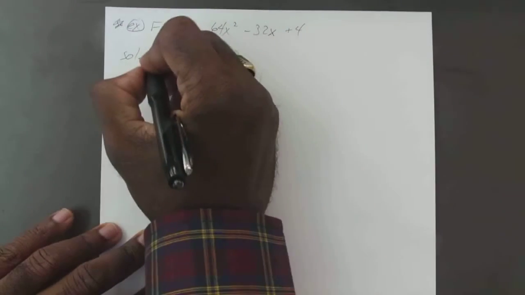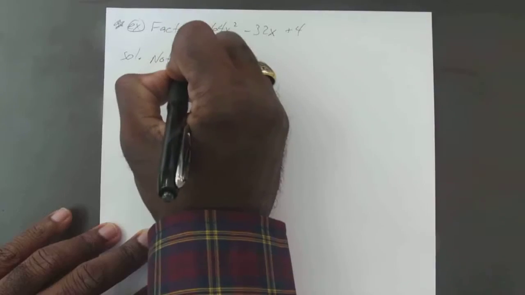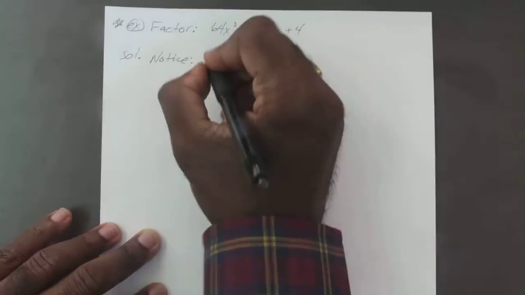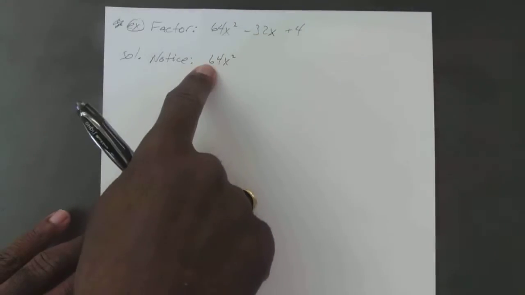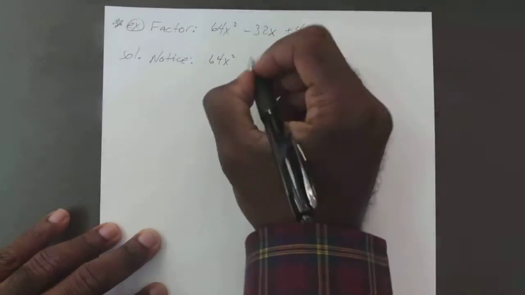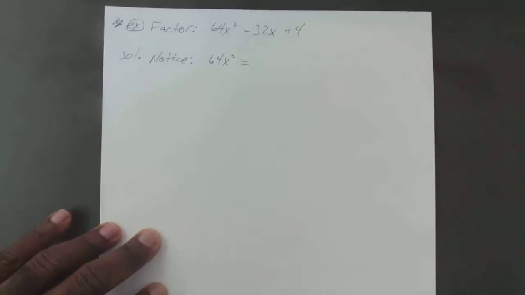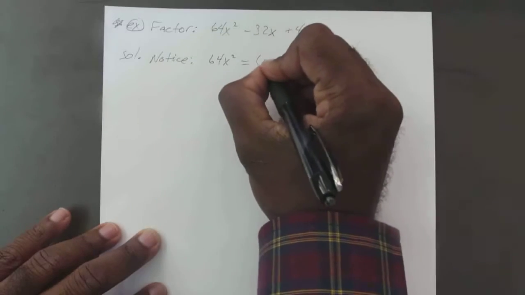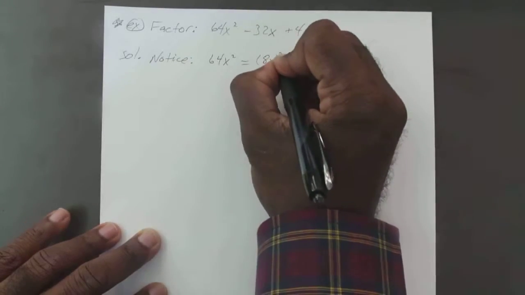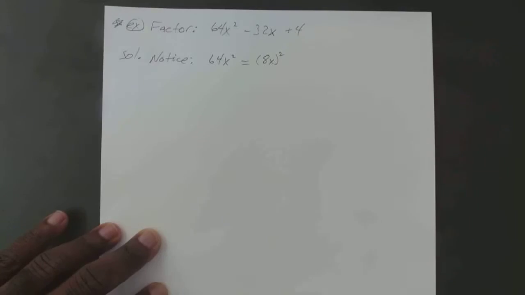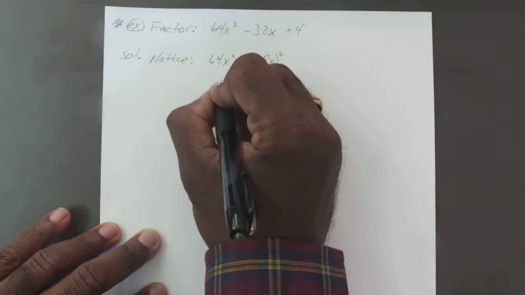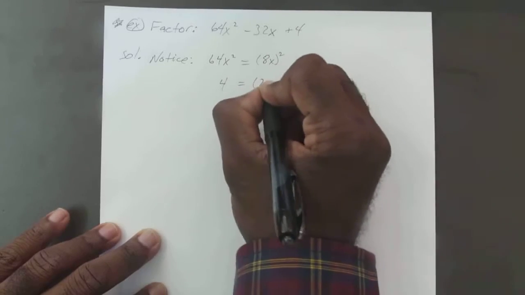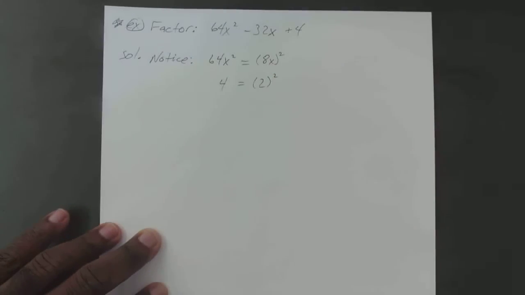Okay, so the first thing you want to notice is that 64x squared, 64 is just 8 times 8. And x squared is just x times x, so you can just make that into 8x squared. Okay, and 4 is just 2 times 2, or you can just make that 2 squared.